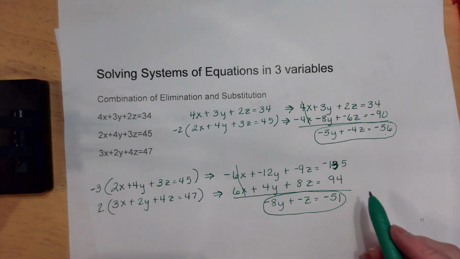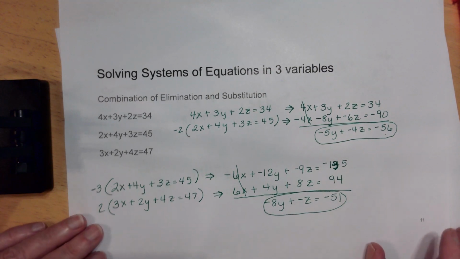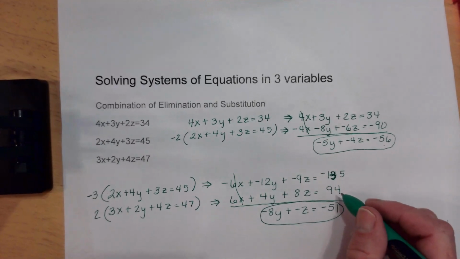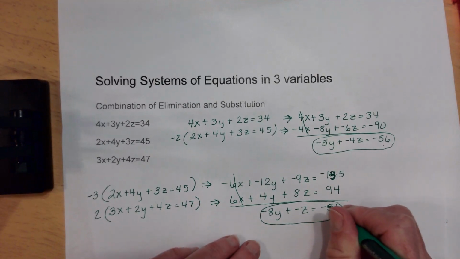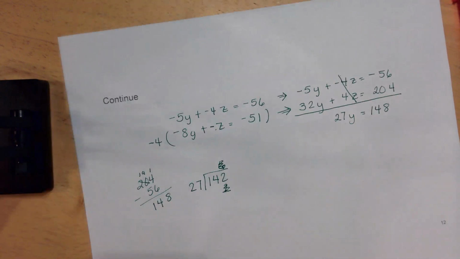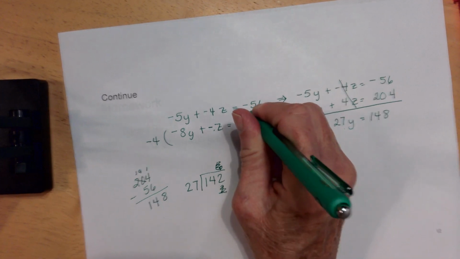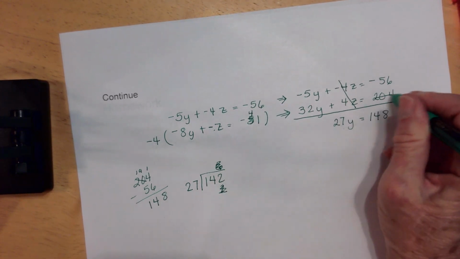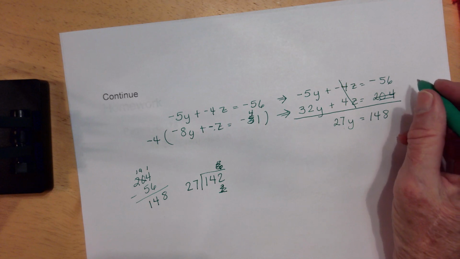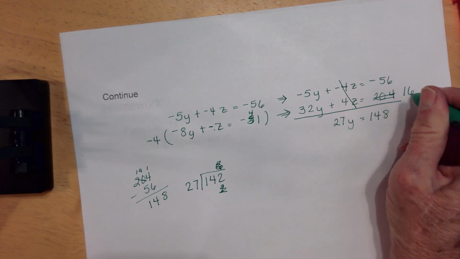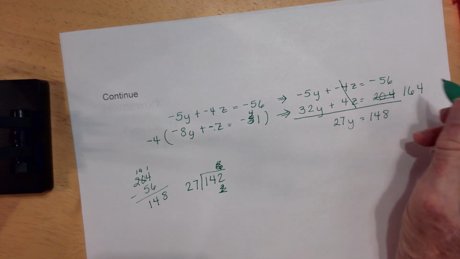Okay, so that's going to give me 135. That's going to be a 6. That's going to be a 41. So if I change this to 41, then when I multiply here, that's going to give me a 164.